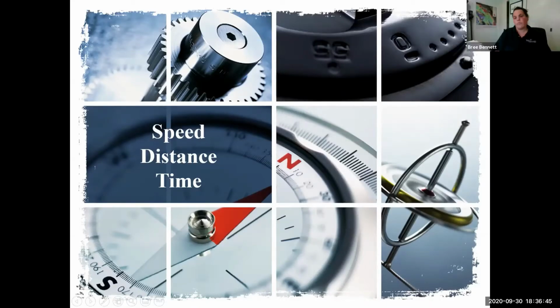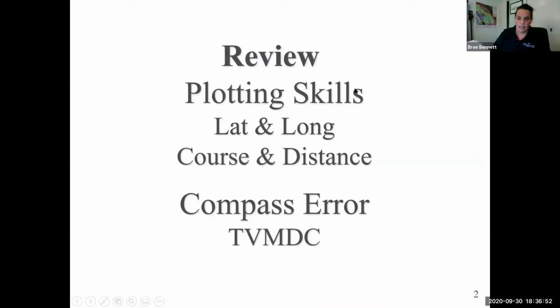Okay. All right, so today we're working on speed, distance, and time. I'm not going to review these skills just yet because I think with the videos and things, you guys are okay.